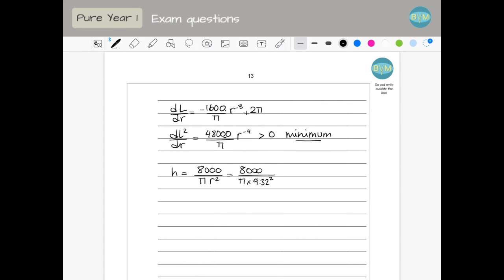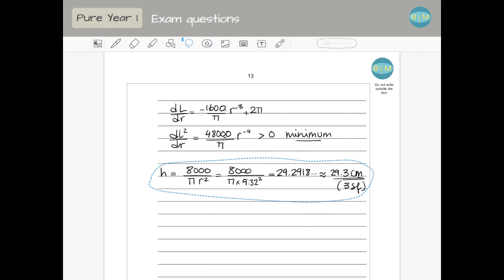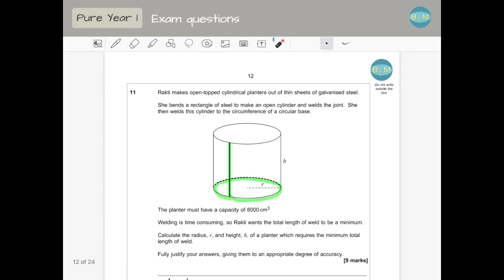I would keep the value in the calculator. This is 29.2918, and again, I'm going to round to 3 significant figures: 29.3 centimeters. And that's all with this question. We have found h, we have found the radius, and we have proved that it's a minimum.